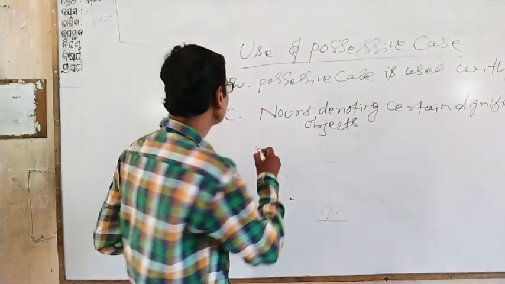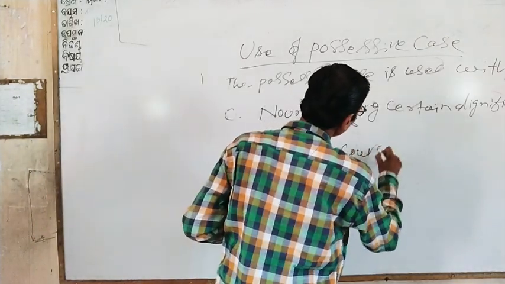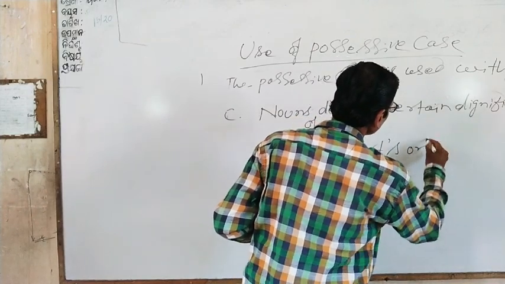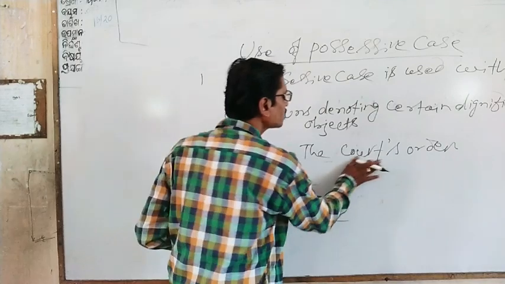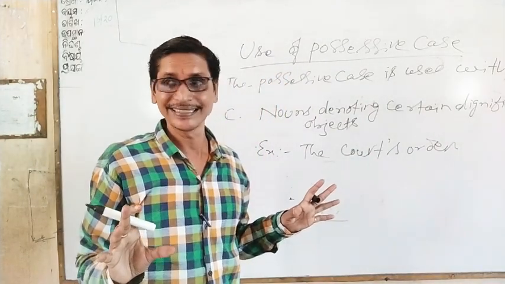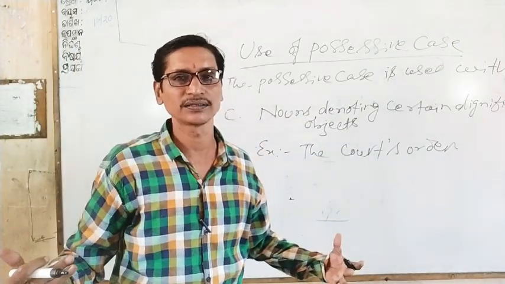Example: the court's order. Here is the court's order. The order is not general. The court has given the order. So we can say it is the court's order.